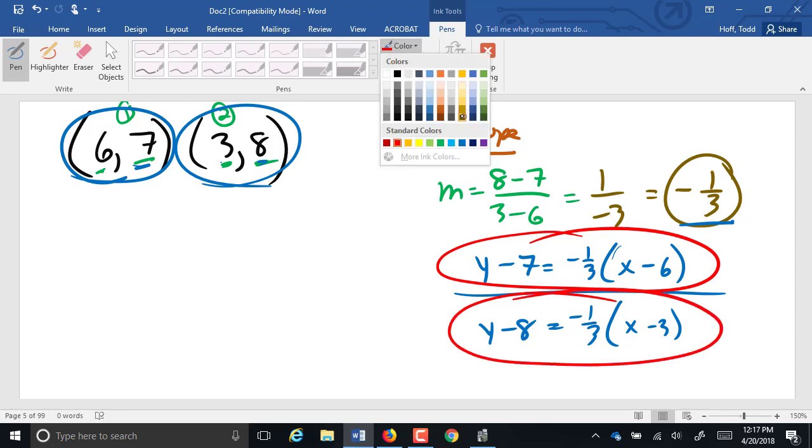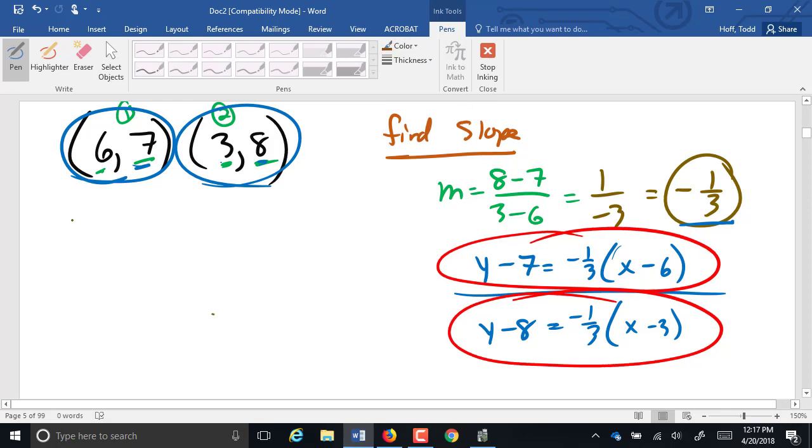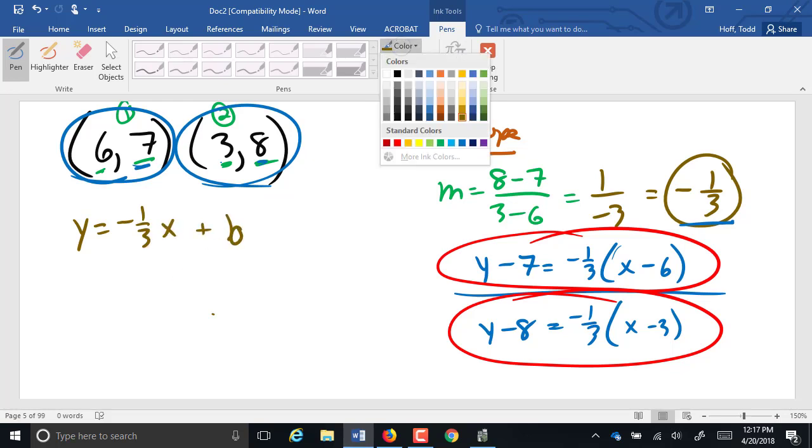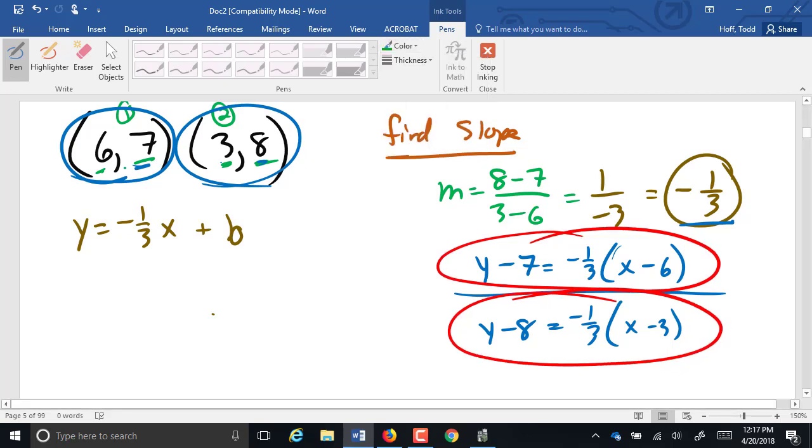The third option is to use slope-intercept. Y equals our slope, which is negative 1/3, times x plus b, the y-intercept. We can pick either of those points to put in, so it doesn't matter which. Let's take the first one. So 7 goes in for y, and 6 will go in for x.